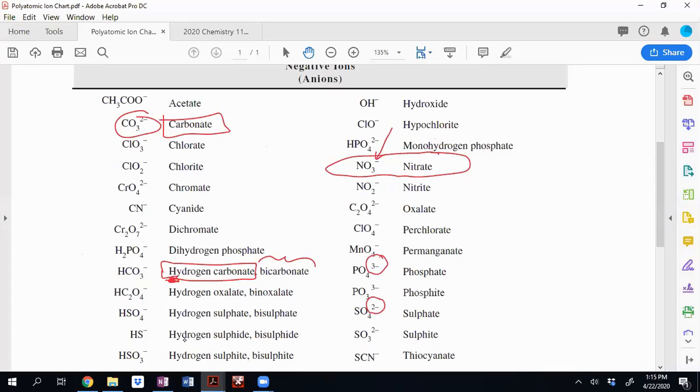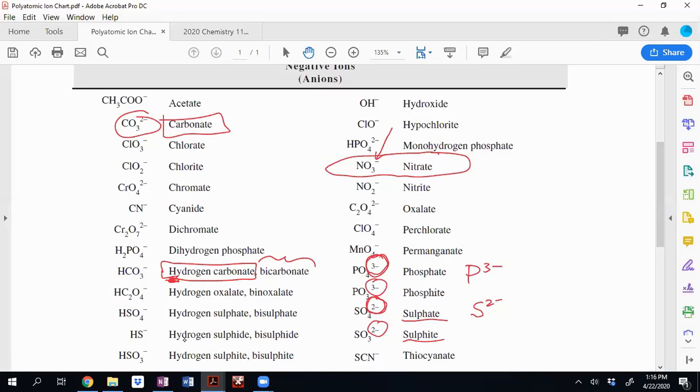You know the really interesting thing? I don't know if you've noticed this, but sulfide has a 2 negative charge, and sulfate has a 2 negative charge, and sulfite has a 2 negative charge. Phosphide has a 3 negative charge, phosphate has a 3 negative charge, and phosphite has a 3 negative charge.